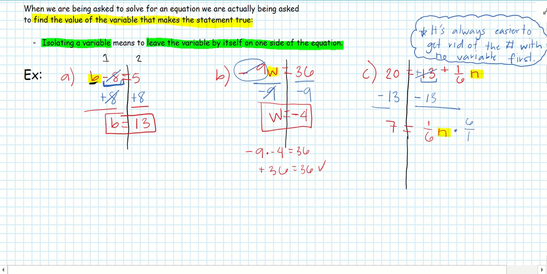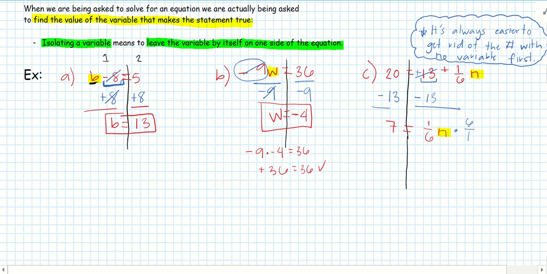Okay, this is the reciprocal. The reason why we use the reciprocal, which is 6 over 1, is because n is multiplying by 1, right? So we're going to be dividing by 1 now. N is being divided by 6, which is the one on the bottom of the fraction.